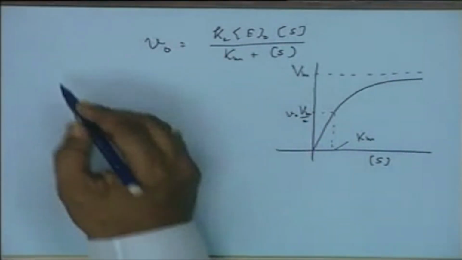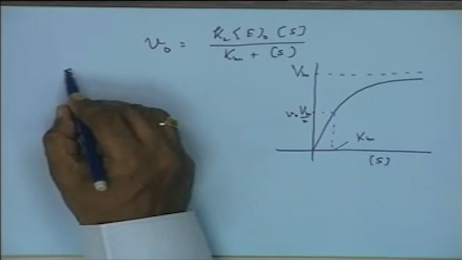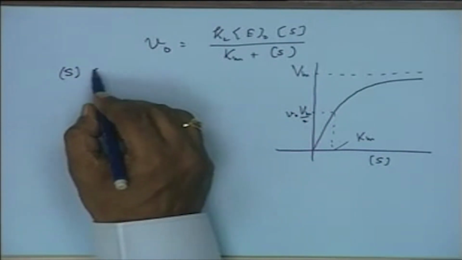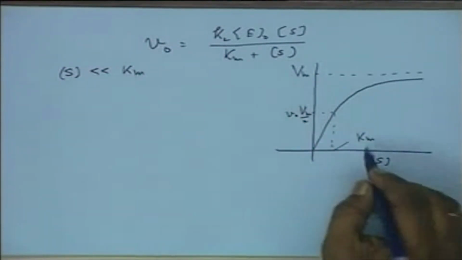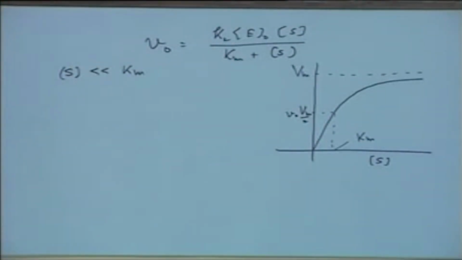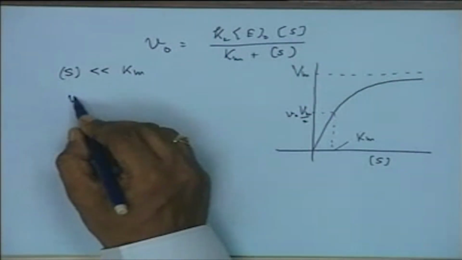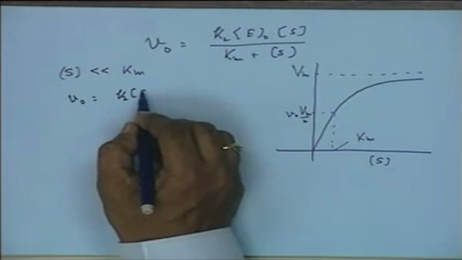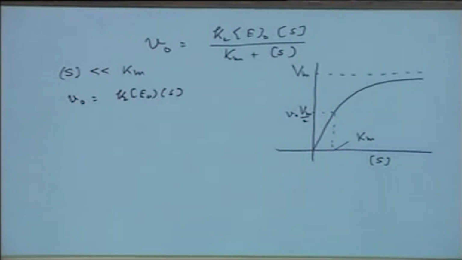Most chemical reactions represent a particular order of reaction, zero order, first order or second order. In this case, at low substrate concentration, when substrate concentration is very small compared to Km, of course you can keep Km as a sort of datum, you can arrive at V0 is equal to K2 E0 into S, a simple first order kinetics.